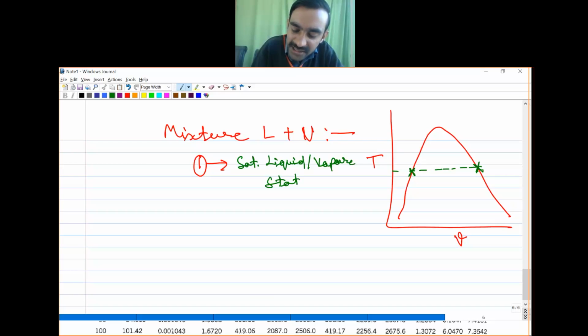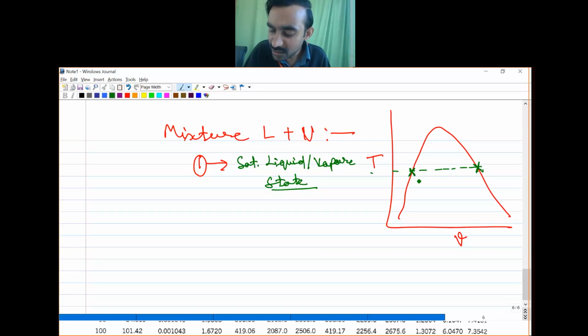Along with the single property, we also know one additional thing, that our substance is in a saturated state. So if we know that we have a saturated state and a single property, I can specify the state.